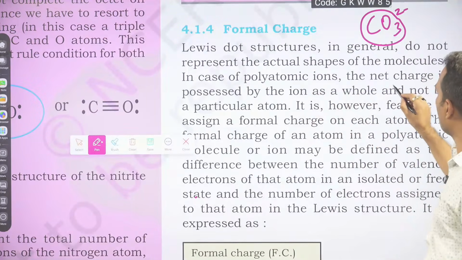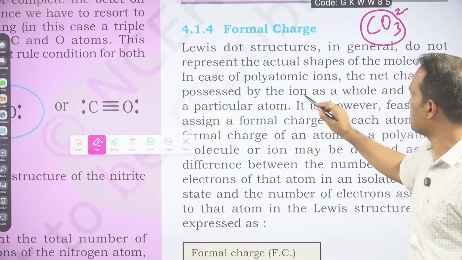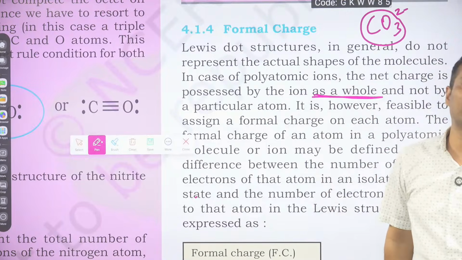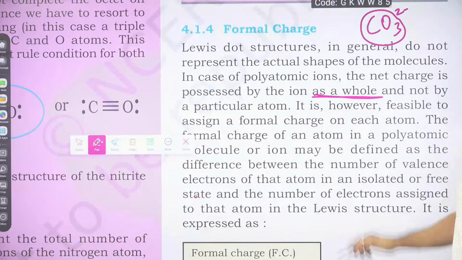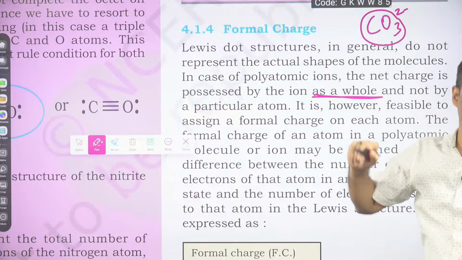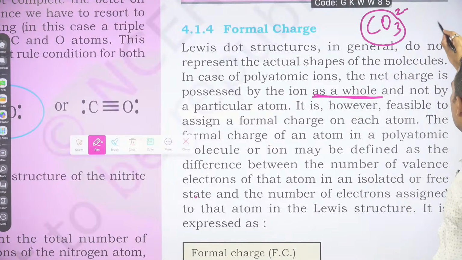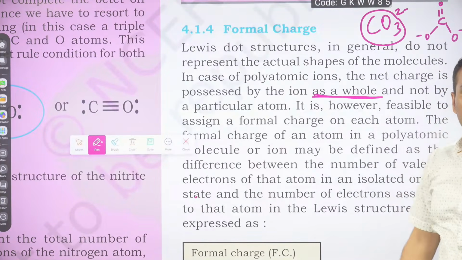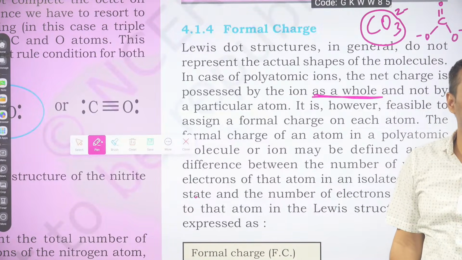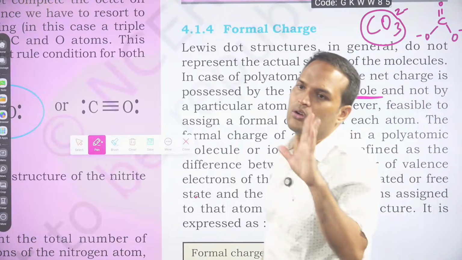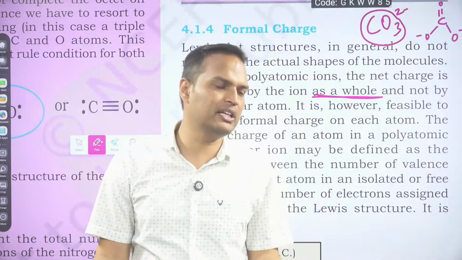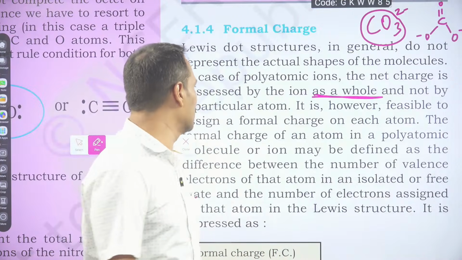In case of a polyatomic ion, the net charge is possessed by the ion as a whole and not by a particular atom. It is not like two negative charges on one atom. Later on we have drawn the diagram also. The whole molecule is -2 and when you draw you will find that one negative charge is present on every oxygen atom. So this line is also clear.